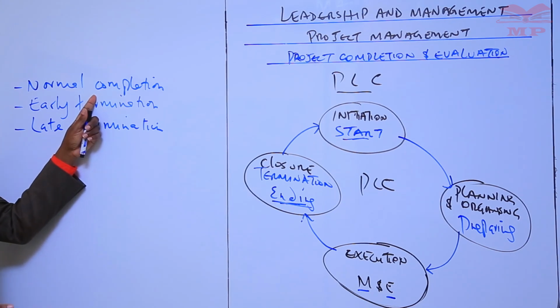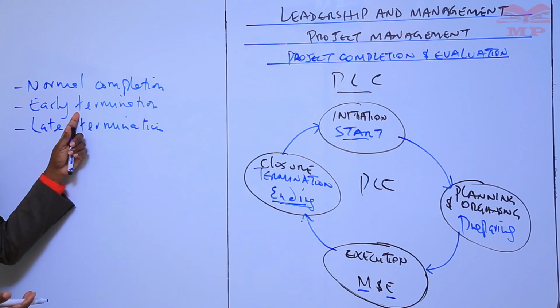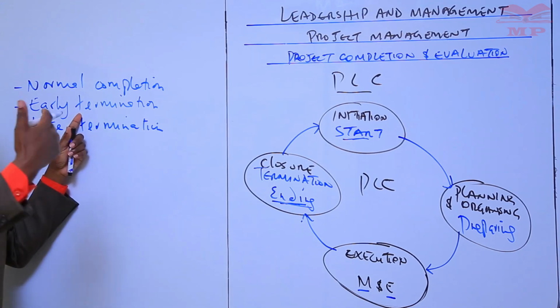All right? But projects can also be terminated early. Projects can be terminated earlier negatively due to change of policy, change of programs, the availability of more proposals.